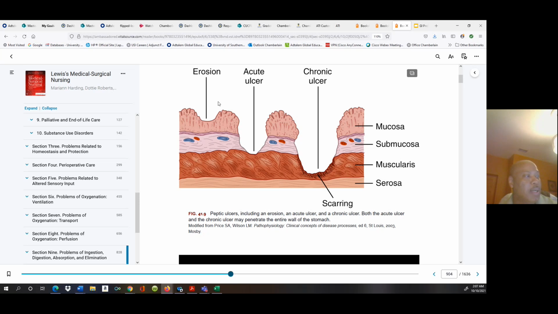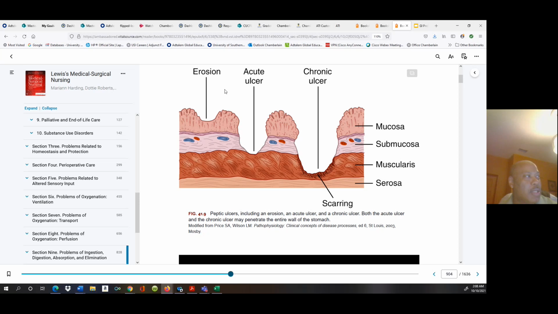Then you have acute ulcers, which dig down even deeper within the gastric mucosa, even down to near the muscularis, the muscle portion of the stomach. And then you have, of course, the chronic ulcer, which goes down even further into the muscularis and close to the serosa. So it just depends on which type of erosion we're talking about.